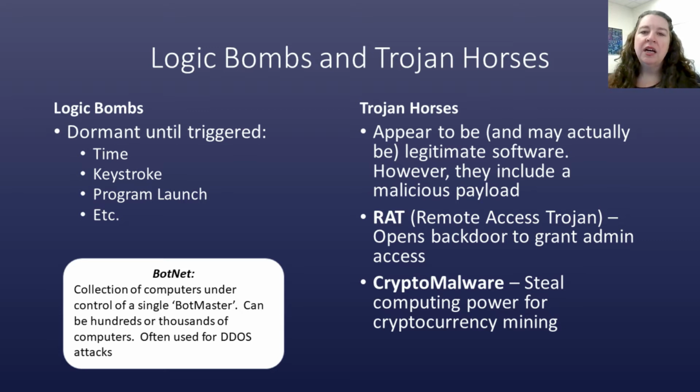The concept of Trojan horses, logic bombs, and then, of course, RATs come into the idea of botnets. So a botnet is simply a collection of computers that have a single bot master. They can be hundreds, thousands, even millions of computers. And we use these, well, we don't, but hackers will use these for DoS attacks or DDoS attacks.